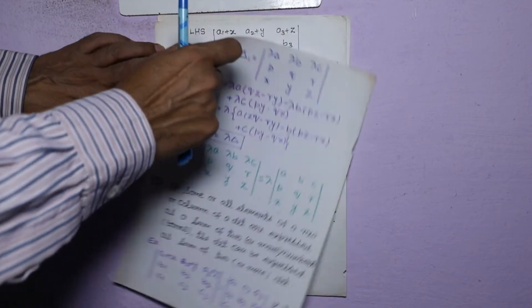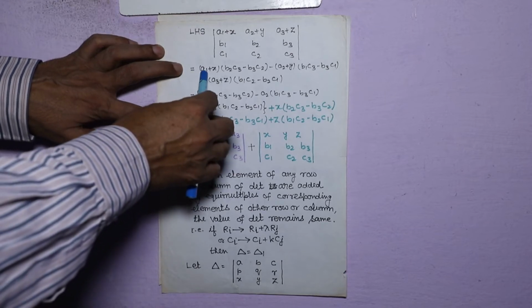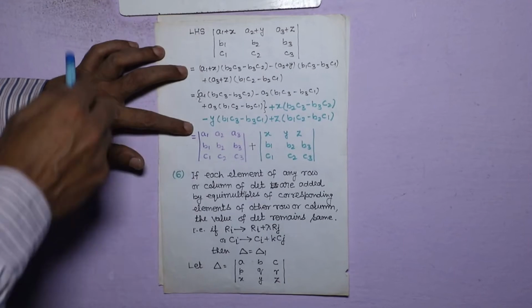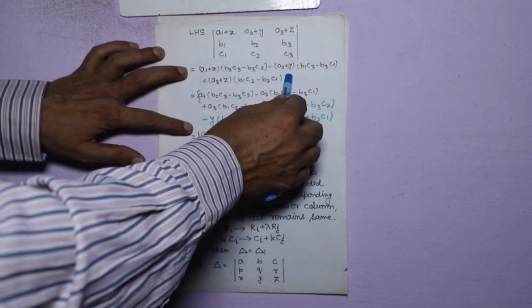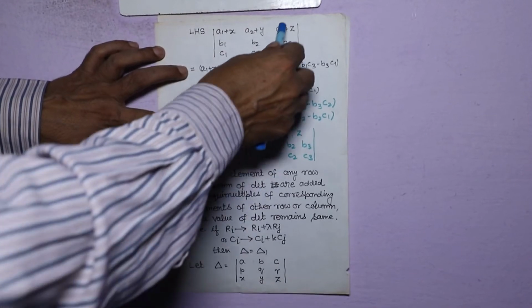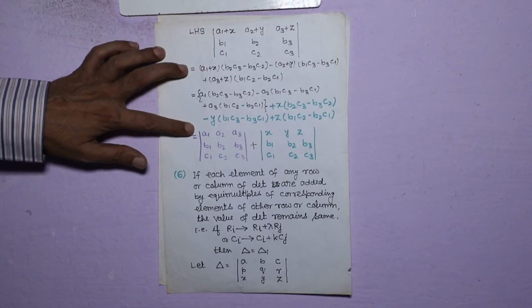So expanding its left hand side, we get (a1 plus x) into (b2 c3 minus b3 c2) minus (a2 plus y) into (b1 c3 minus b3 c1) plus (a3 plus z) into (b1 c2 minus b2 c1).